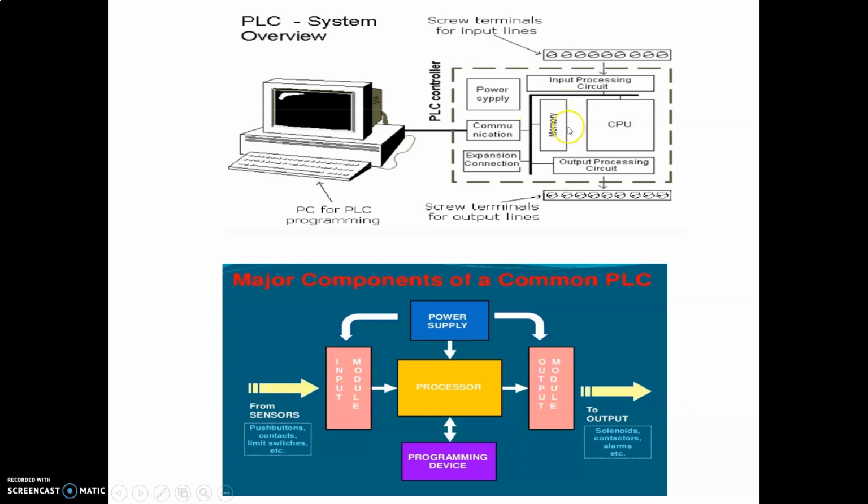There are two types of memory. In the first part of memory we store the program, and in the second part we store the information about the input module and the output module. So in part of the memory, all the input information will be stored, right?